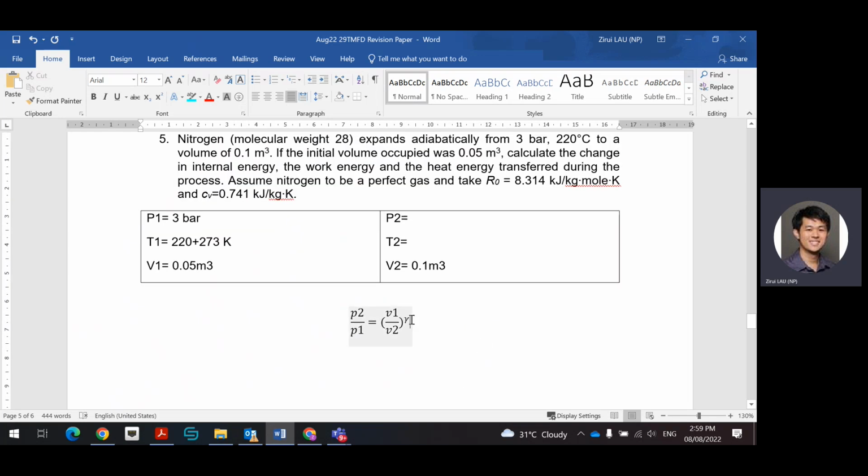What don't I have? I don't have the gamma value, right? You look at the whole question. No gamma. Can I solve for my gamma value? Yes. Okay, I can solve for my gamma value. So how do I solve for my gamma value?